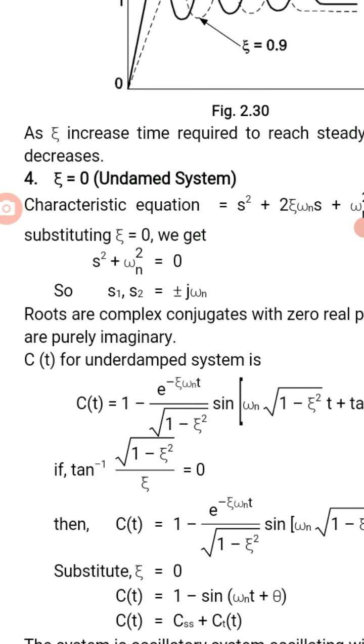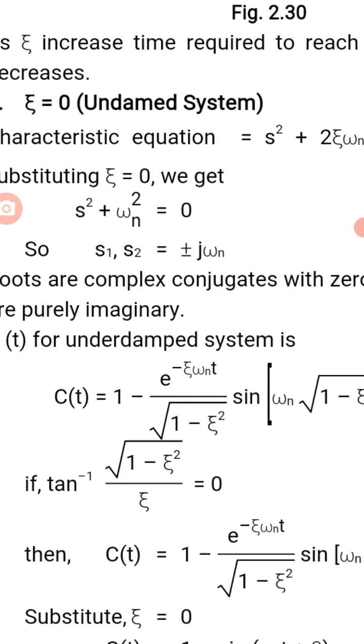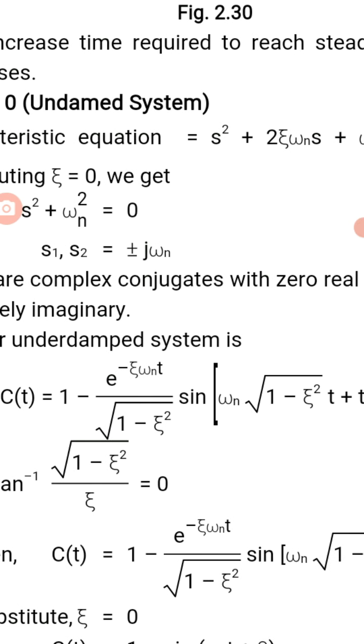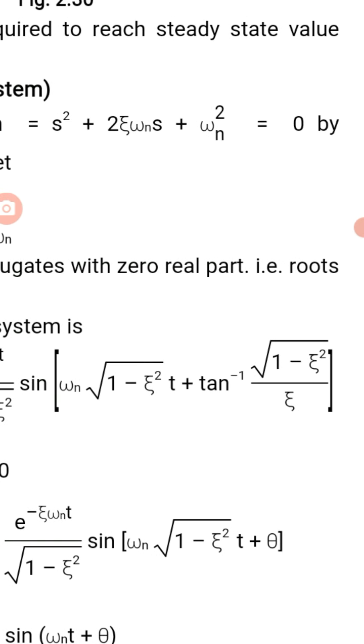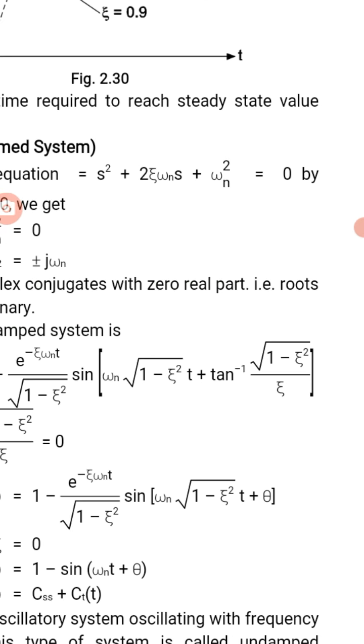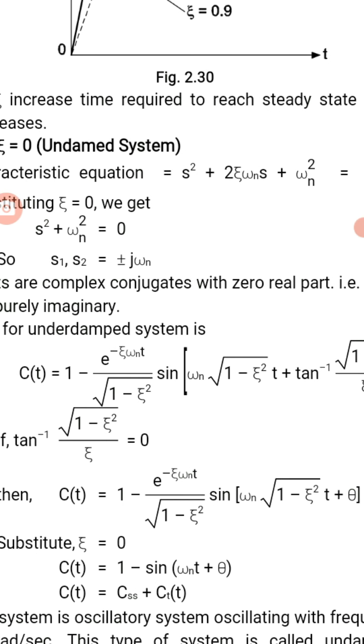If I put these roots into the first equation, c of t becomes 1 minus e raised to minus zeta omega n t upon square root of 1 minus zeta square, into sine of omega n square root of 1 minus zeta square t plus tan inverse of square root of 1 minus zeta square upon zeta.